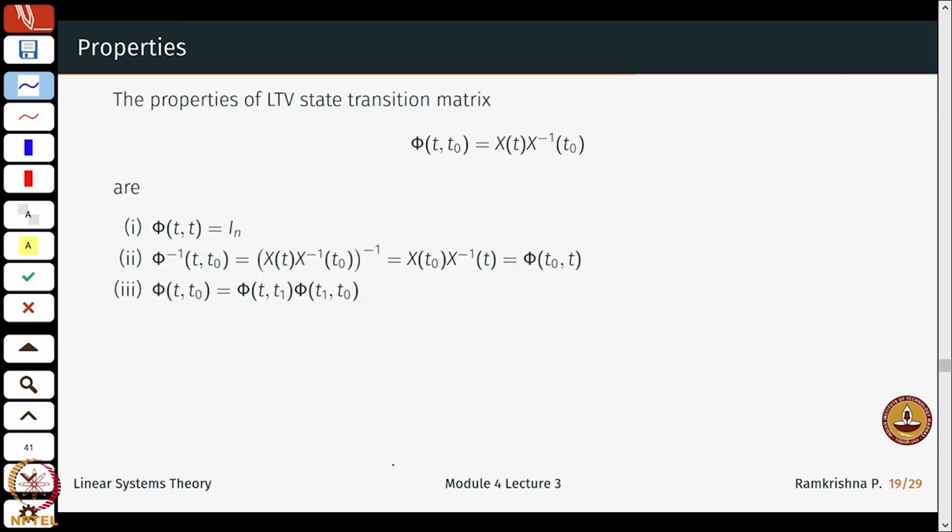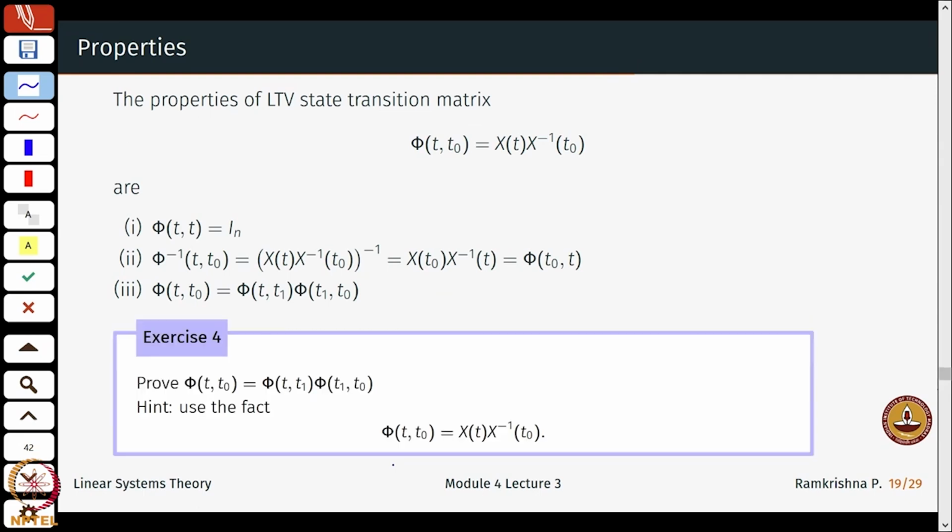So, a few properties which we can also take from yesterday's lecture. We proved these two properties yesterday in the LTI case, but the proof will be the same or follow similar patterns.